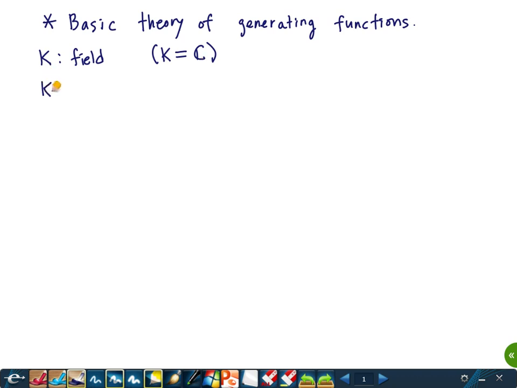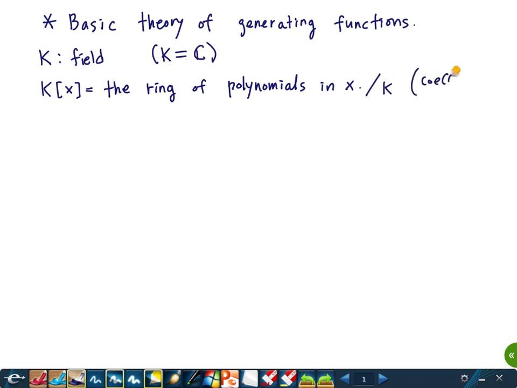And K bracket X is the ring of polynomials in X. So X is a variable, just a formal variable, and polynomial means over K, meaning coefficients are in the field K.